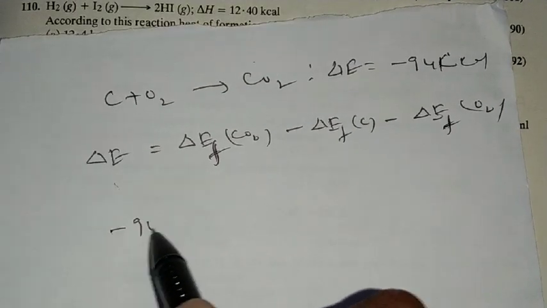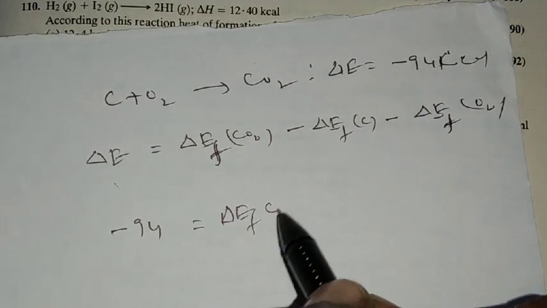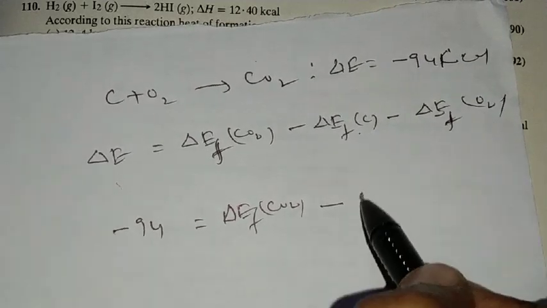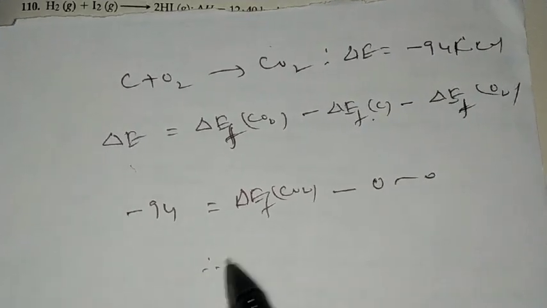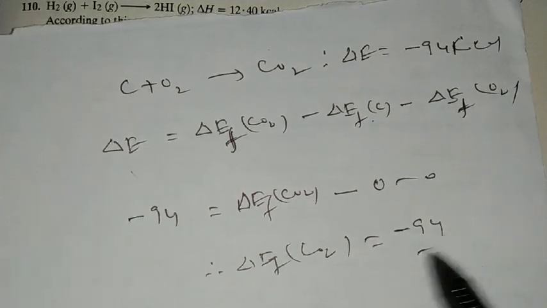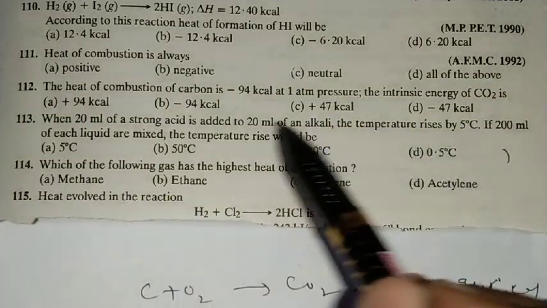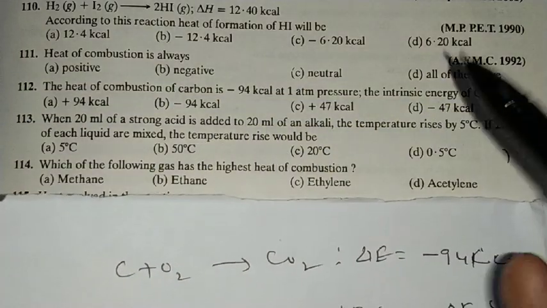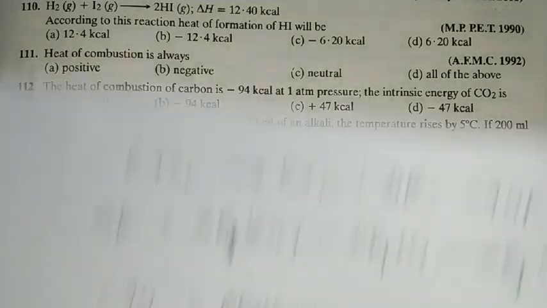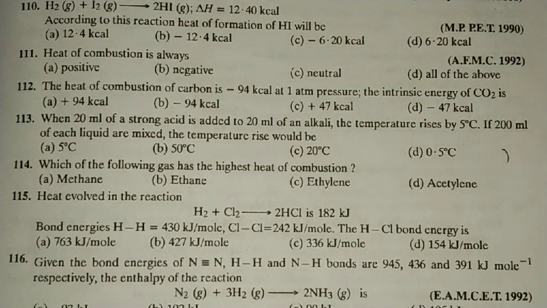Minus 94 equal to delta EF of CO2, which we don't know, minus the standard elemental forms, that is why 0 and 0. So ultimately delta EF of CO2 is equal to minus 94. That means very simple, the intrinsic energy they asked here, the intrinsic energy of CO2, that means bond energy of CO2, equal to minus 94 as it is. Is it clear? So this is the process. Look at the next question.